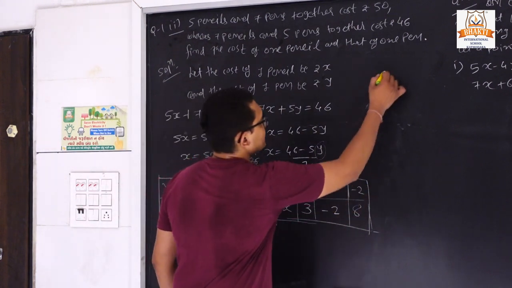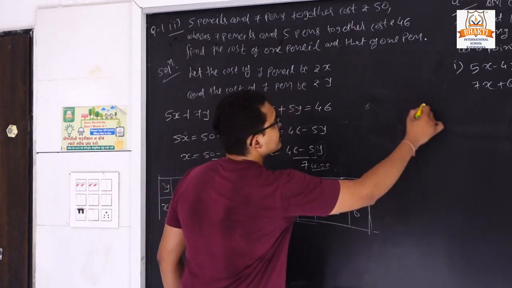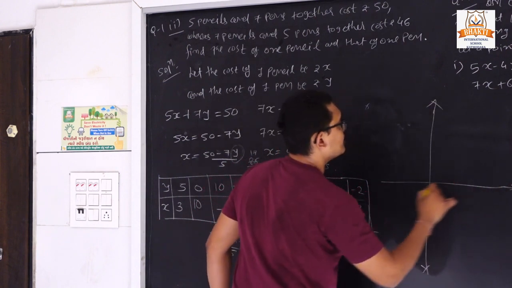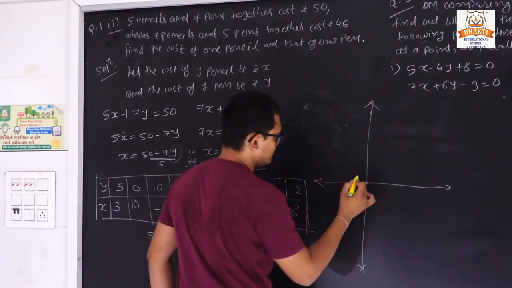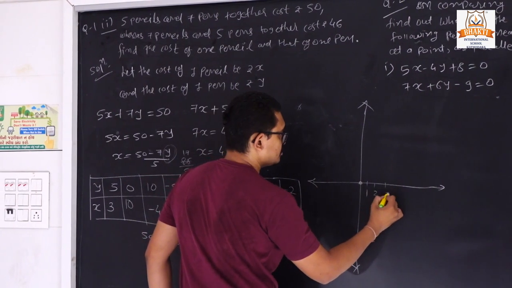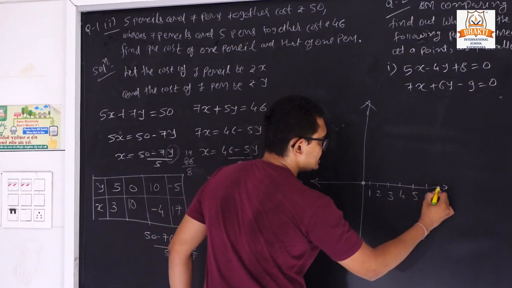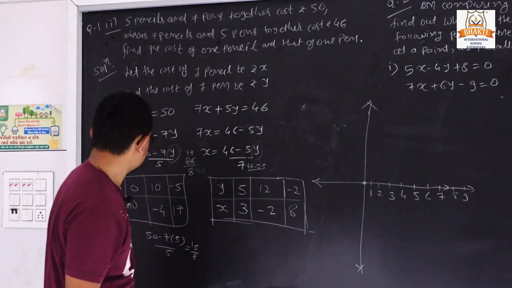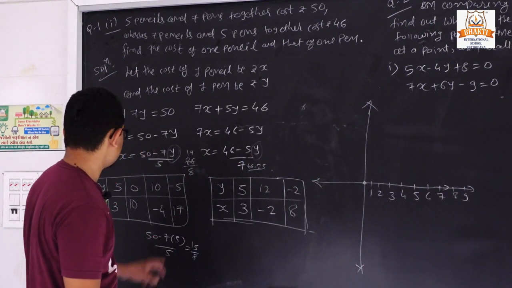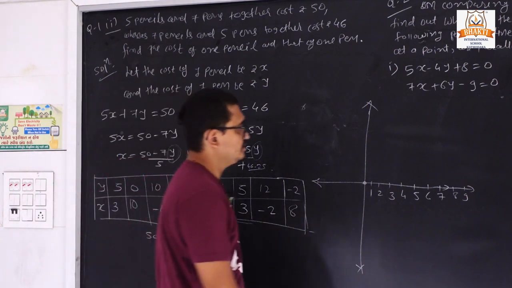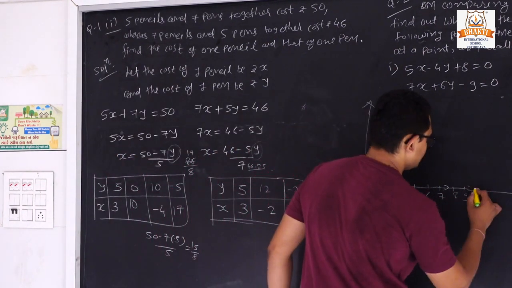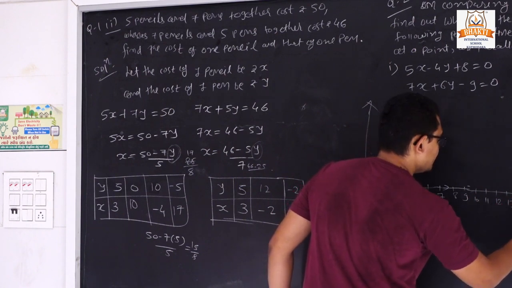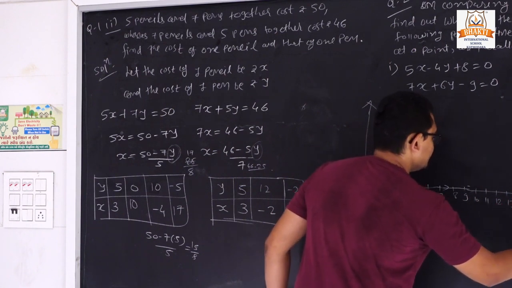Now we can plot the graph. First of all, here I am drawing the graph. 1 2 3 4 5 6 7 8 9. Here we have the value up to 17, so 10, 11, 12, 13, 14, 15, 16 and 17.